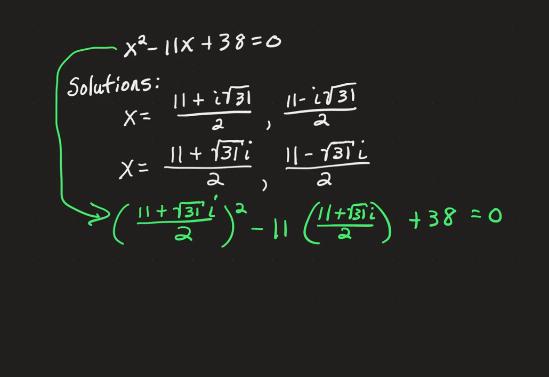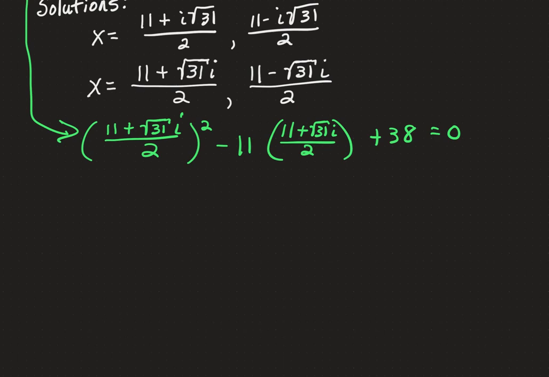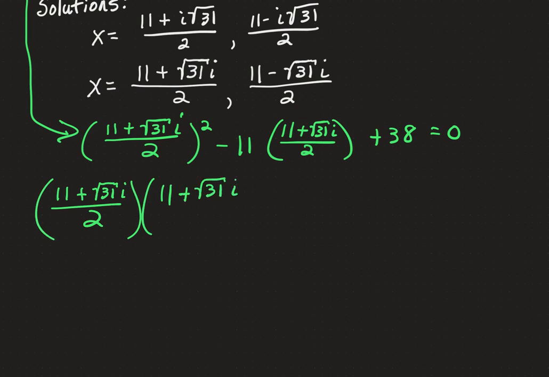Wow. Just take a deep breath and do it one step at a time. So this squared means you can't just distribute that 2 to each term in the numerator because they are added together. We have to actually multiply 11 plus square root of 31i over 2 times 11 plus square root of 31i over 2.